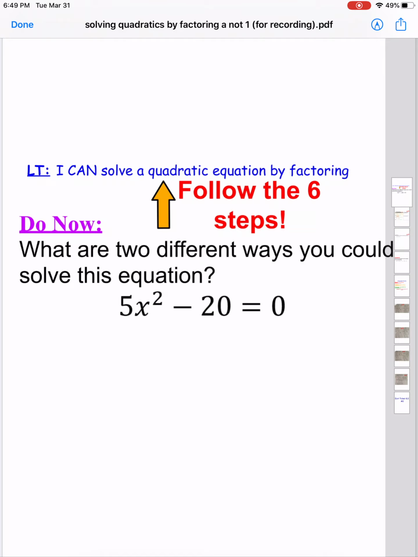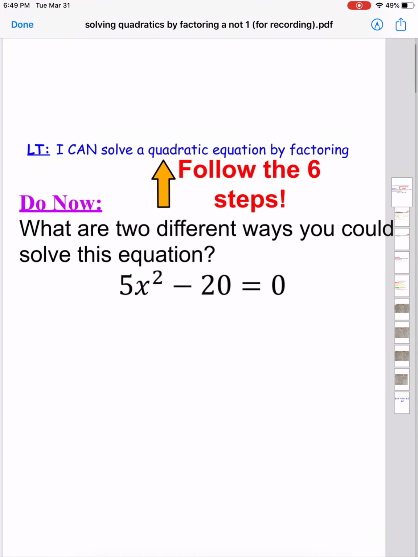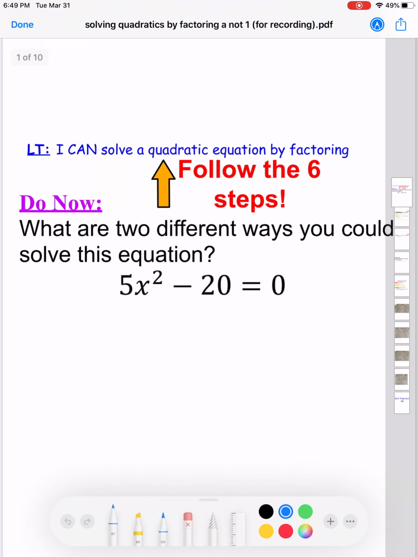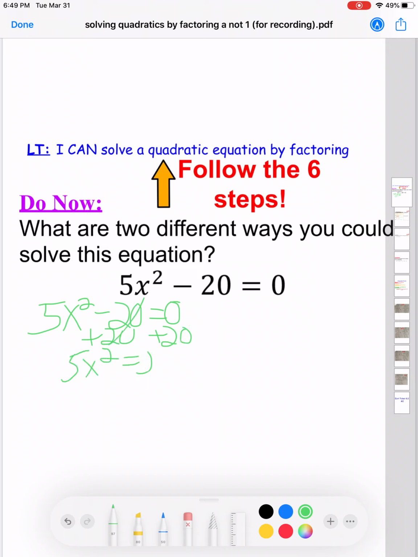Okay, so looking at two different ways to solve this equation, I see that the equation is 5x squared minus 20. The first method that comes to mind is the first method of solving that we learned, which is using inverse operations and square roots. So I would start by first adding 20 to both sides, which would give us 5x squared equals 20.